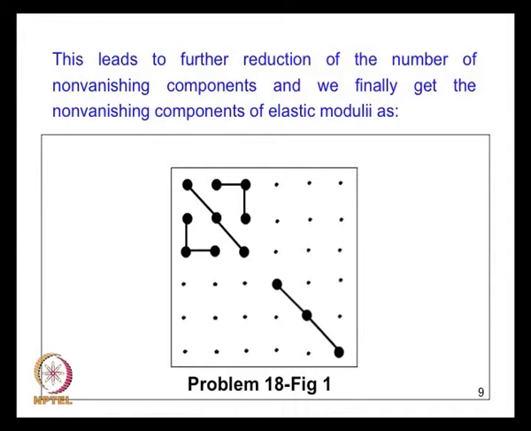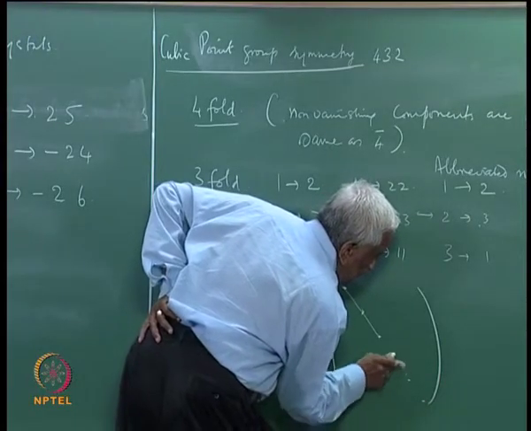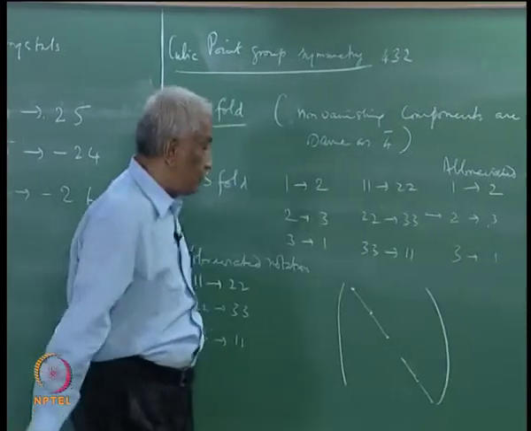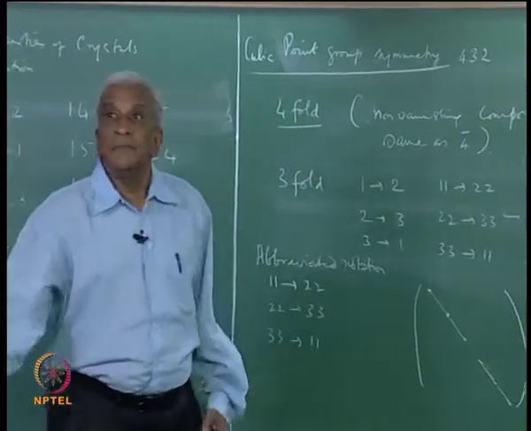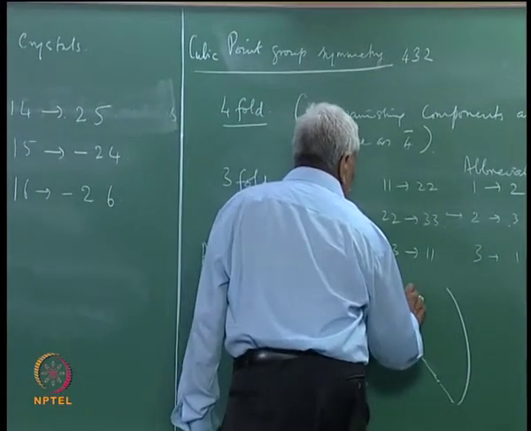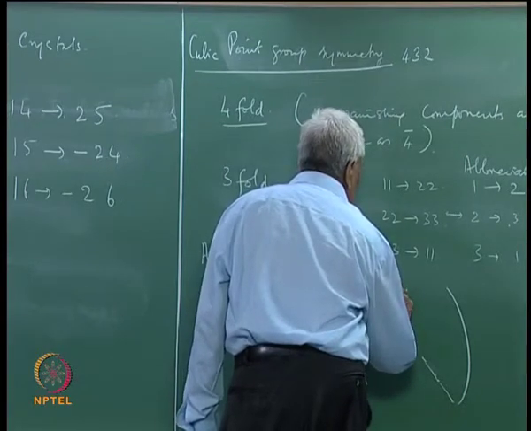Proceeding in this way, it is straightforward to verify that this also happens for C44, C55 and C66. So, we show the connection between them, the equality by this, and then we have the same situation for C12, C13 and C23, all of which are connected.